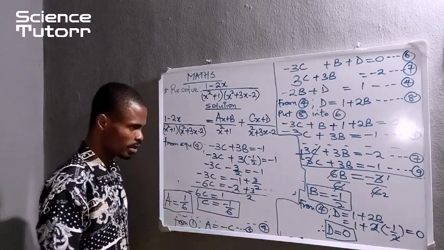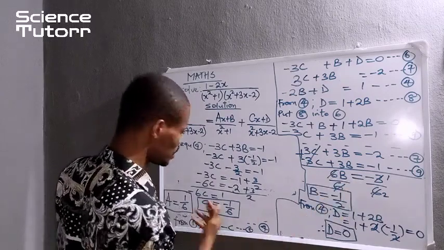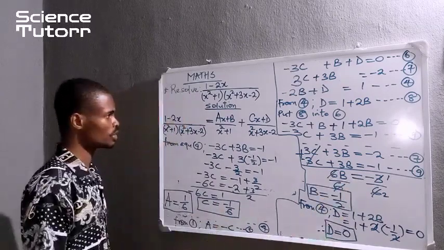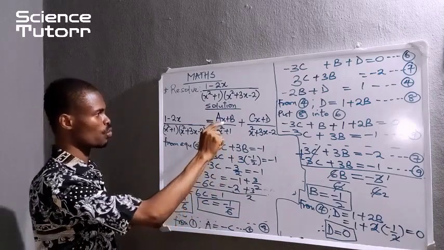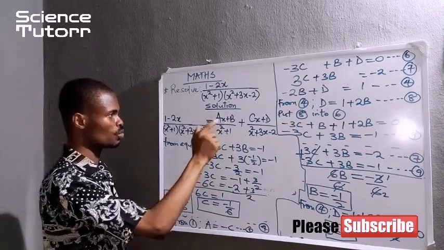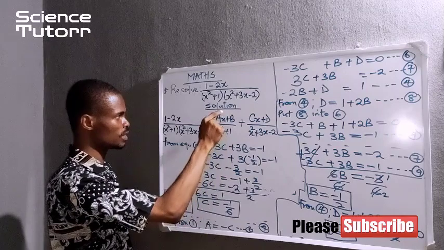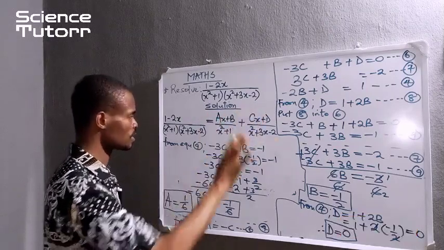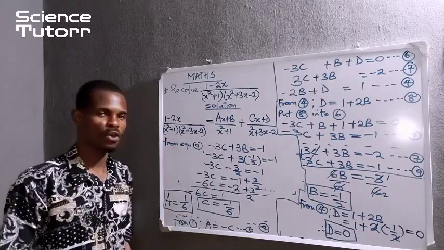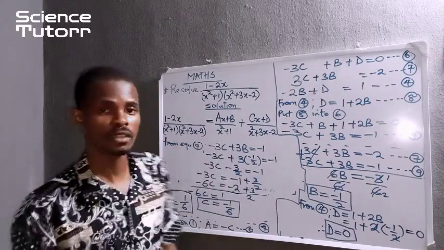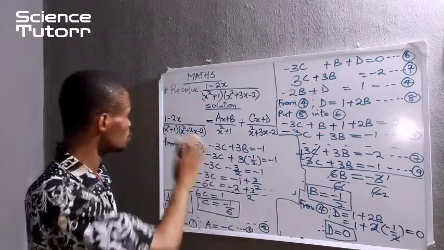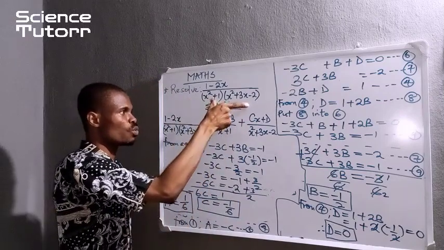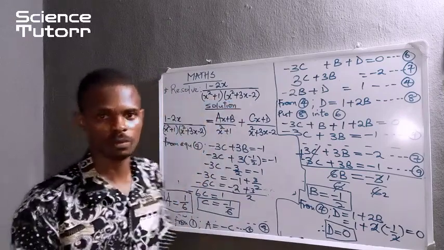So we have A, we have B, C, and D. And then all we simply do is to come to the equation and substitute the values for A, B, C, and D. And that gives us the resolved form of the partial fraction, considering the denominator to have a quadratic expression.